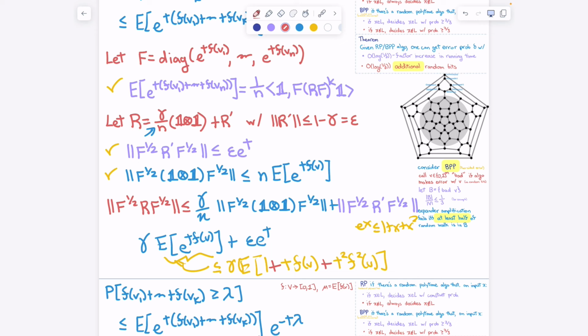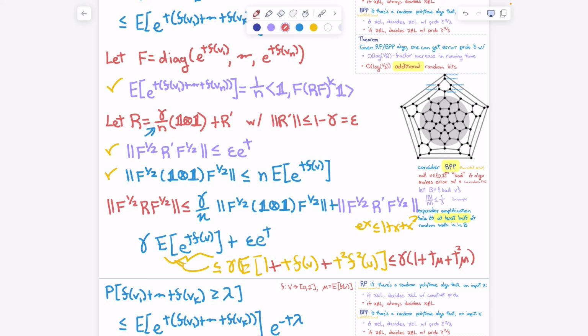So this is less than or equal to gamma times (1 plus t mu plus t squared mu). I just have to write more slowly.